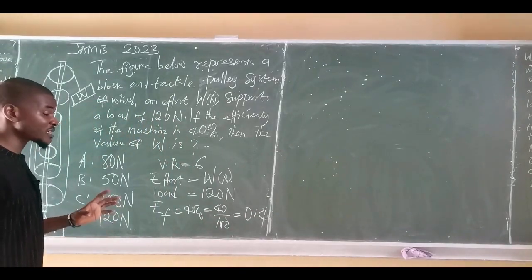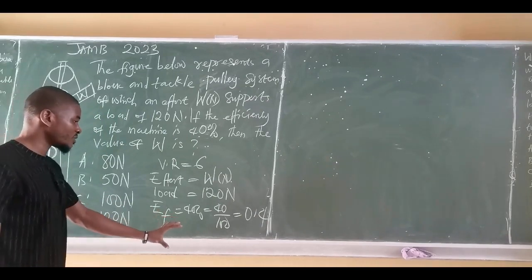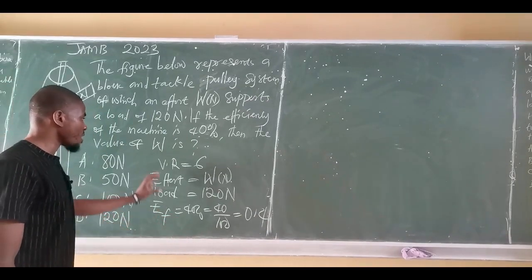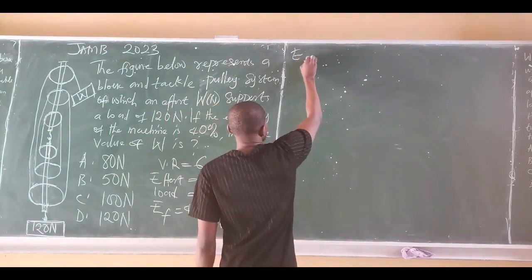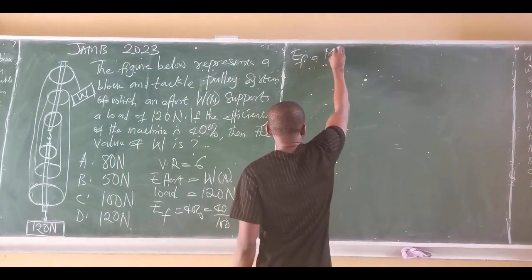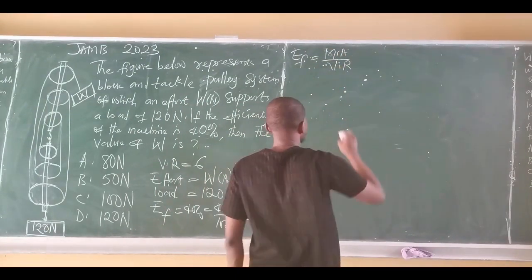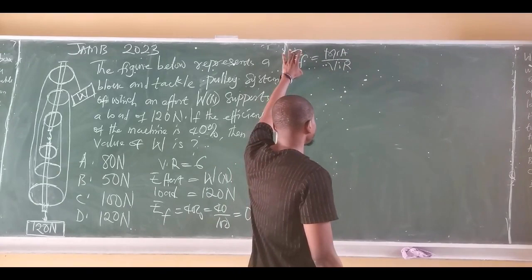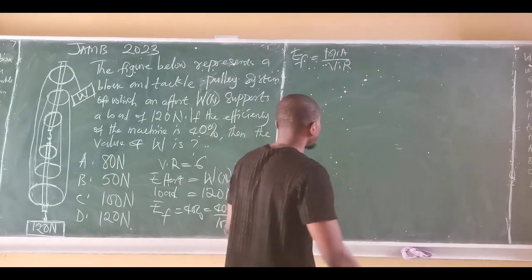Just like in the previous question we solved, it's still the same thing. We have the efficiency and we have the velocity ratio. You recall that efficiency is equal to mechanical advantage over velocity ratio. So if we know the velocity ratio and the efficiency, then we need to make mechanical advantage the subject of the formula.